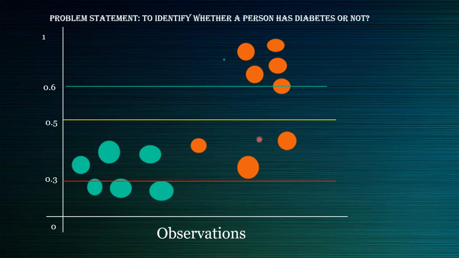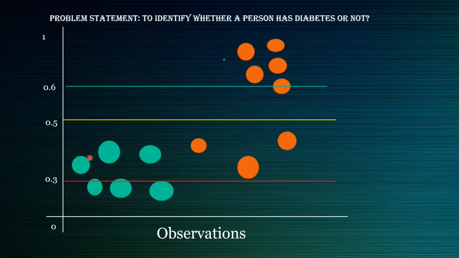Here, people actually have diabetes, but the model predicts that they do not have diabetes. This is false negative. This is your type 2 error. This is a grave scenario. These people actually have diabetes. They have to be administered insulin, but our model fails to predict that they have diabetes. Hence, insulin is not administered to them. This is a life-threatening scenario.